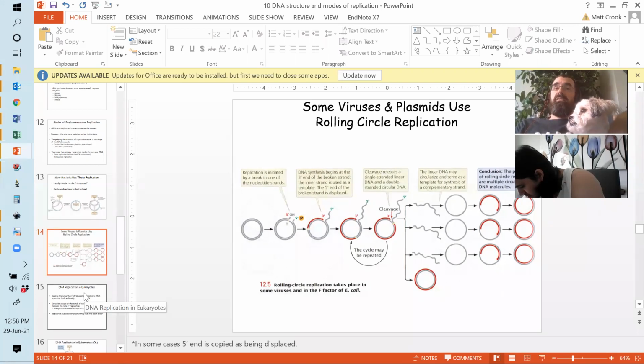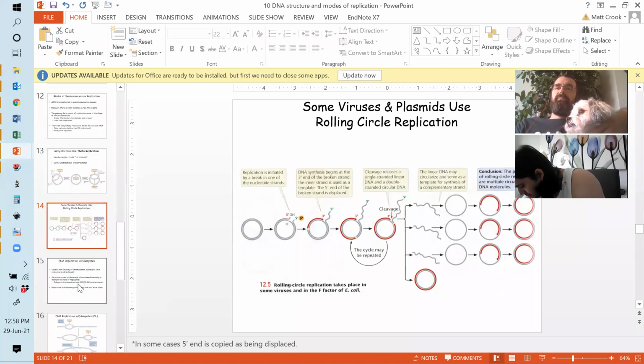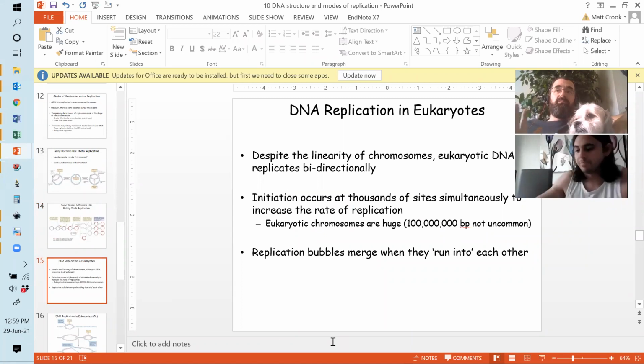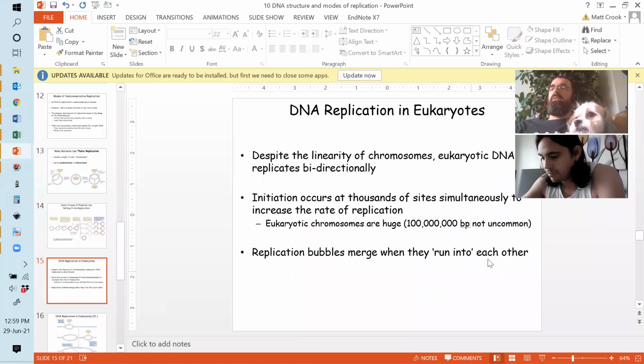Now, in eukaryotes, it's totally different. Because in eukaryotes, we have linear chromosomes, so bidirectional replication is a given. But an extra wrinkle is that those chromosomes are huge, absolutely massive, hundreds of millions of base pairs long.